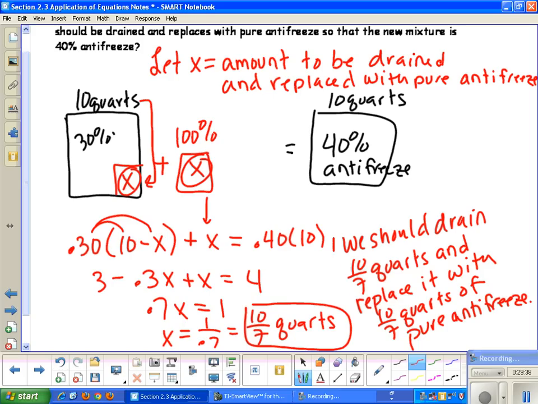So that would be our solution. We're taking out from our original mixture 10 over 7 quarts, and we're replacing it with 10 over 7 quarts of pure antifreeze to get this new mixture of 40%.